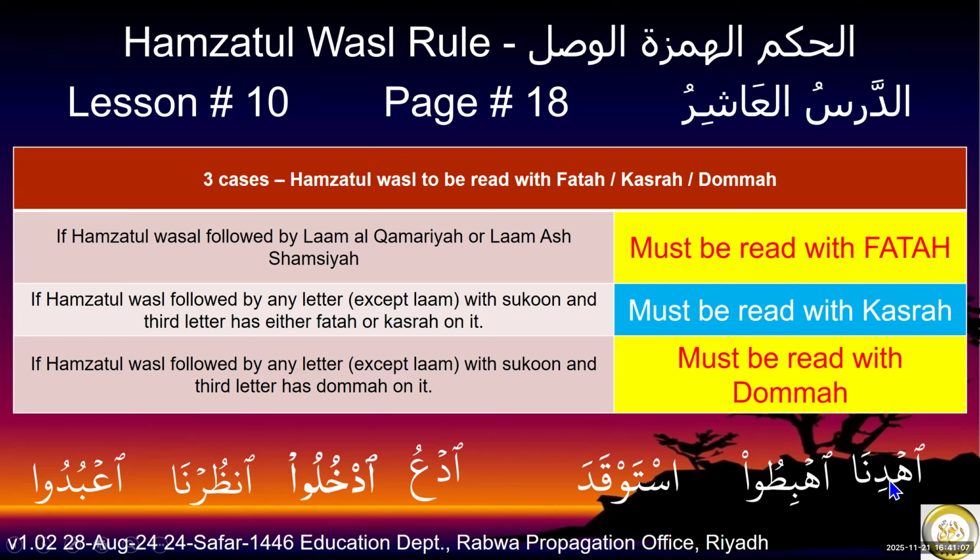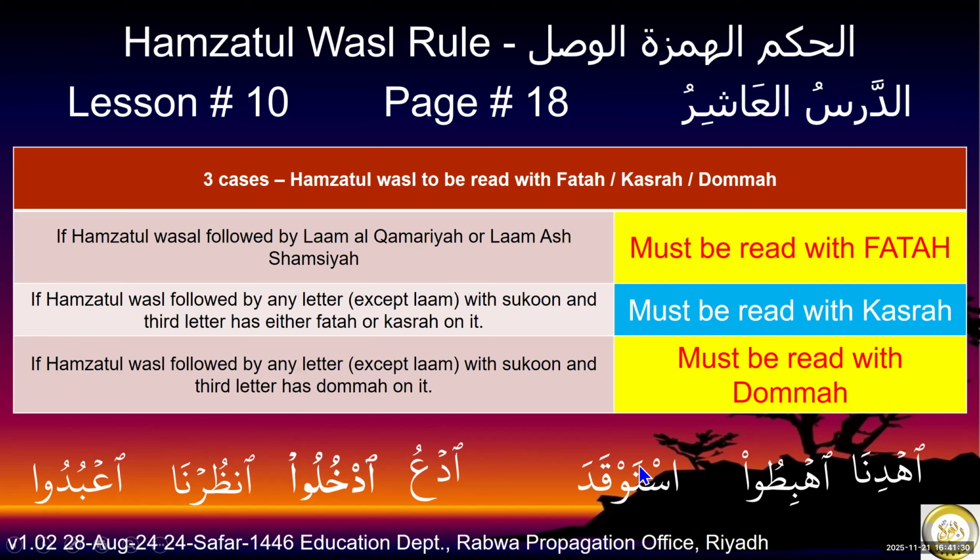So in case of the Hamzatul Wasal followed by any letter except Lam with Sukun on it, and the third letter having Fatha or Kasra, in both cases this Hamzatul Wasal must be read with the Kasra. Here the third letter has Kasra, so the Hamzatul Wasal must also be read with the Kasra. How to read it? Ihdina. Here it is Ihbitu. Here the third letter has Fatha.